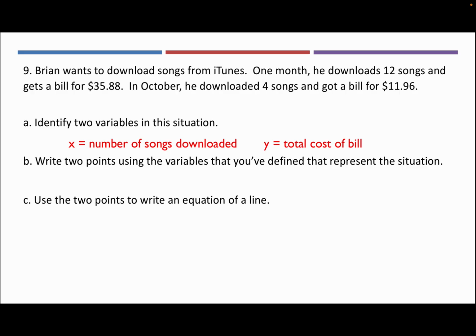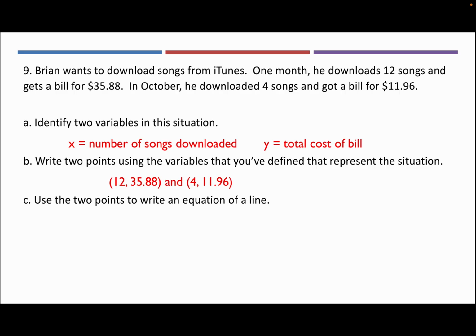So it's like songs downloaded, comma, cost of bill. So 1 month he's downloading 12 songs and gets the bill for $35.88, right? And then another month, in October, he's downloading 4 songs and gets the bill for $11.96. So those were my 2 points.